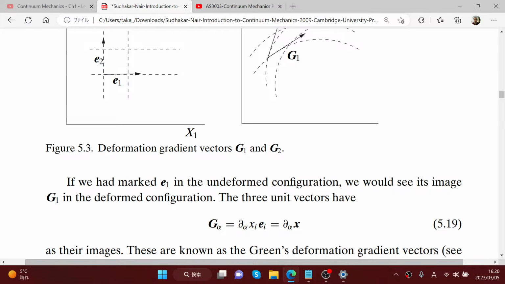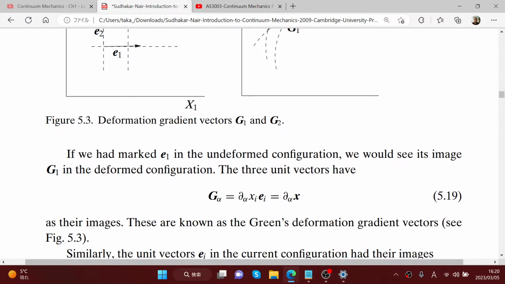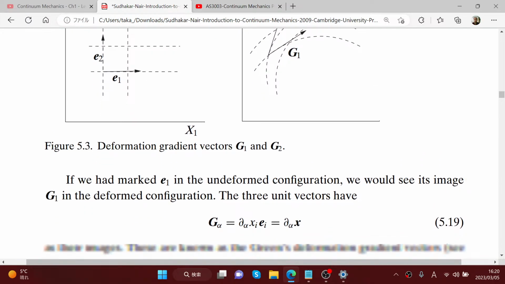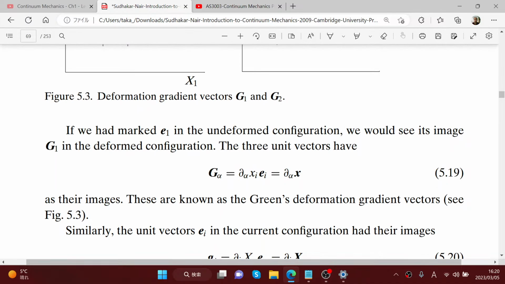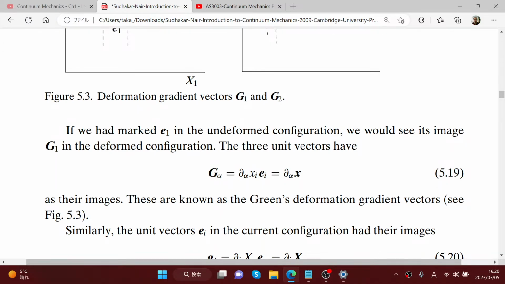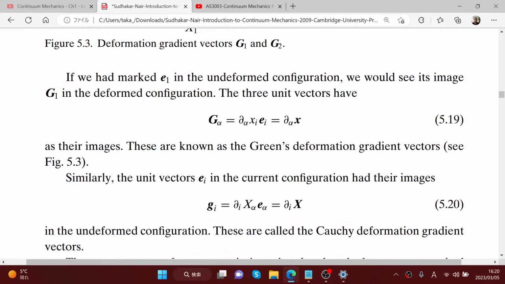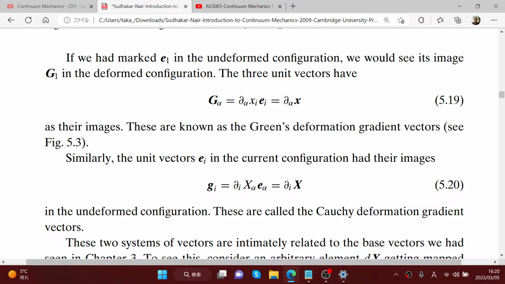The three unit vectors have G alpha as their images.